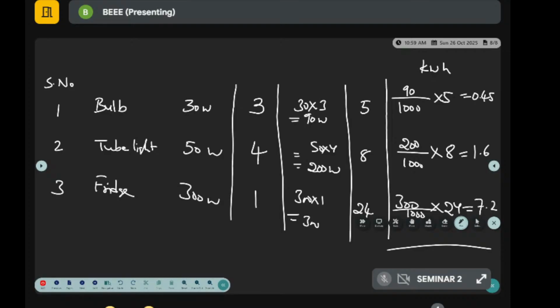If you add all these, 7.2 plus 1.6 plus 0.45, it is 9.25. So these are the number of units consumed per day.